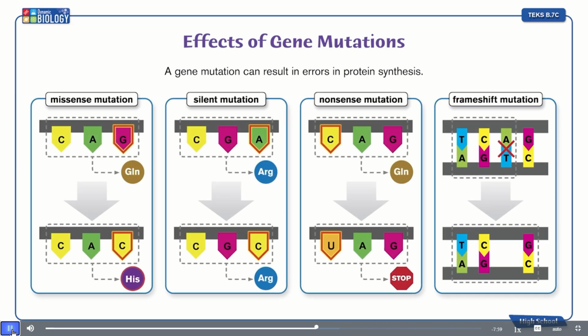These 4 types of mutations, missense mutations, silent mutations, nonsense mutations, and frameshift mutations, demonstrate how gene mutations impact protein synthesis. Now, how do these changes affect an entire organism?